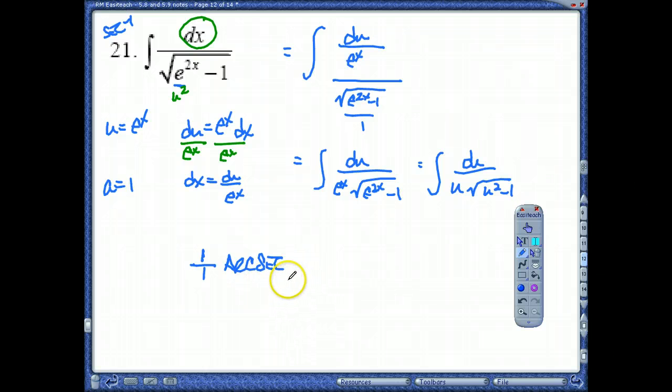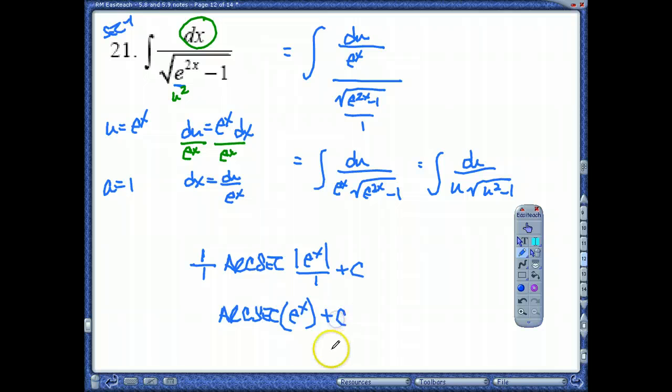Inverse secant, or arcsecant, of the absolute value of u over a, so the absolute value of e to the x over 1, plus c. So really this is just arcsecant of e to the x. E to the x is always positive, so I really don't need the absolute value, and I certainly don't need the over 1. So that would be my final answer.